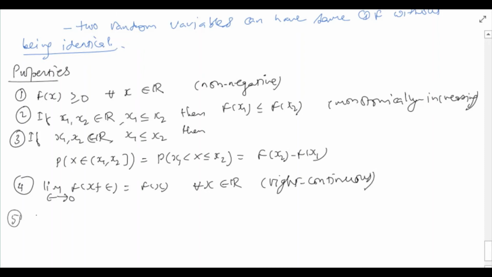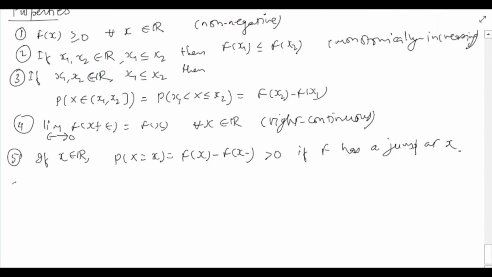Property number 5 says that if x is in R, then probability that X will be small x will be F(x) minus F(x minus), and it will be greater than 0 if F has a jump or a discontinuity at x.